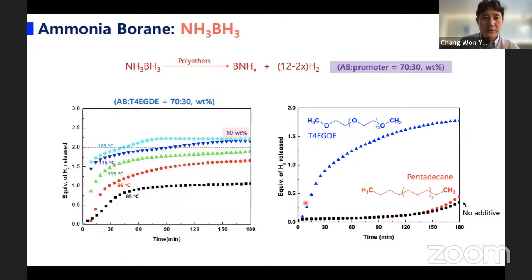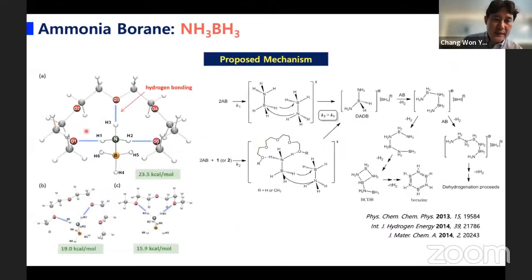I'm not really talking about the details of the mechanism, but what we found is that these types of chemicals can interact with the ammonia site and provide electron density to make this terminal BH more hydridic. And this more hydridic BH can interact with each other to make this DAD species, then proceed to release hydrogen.